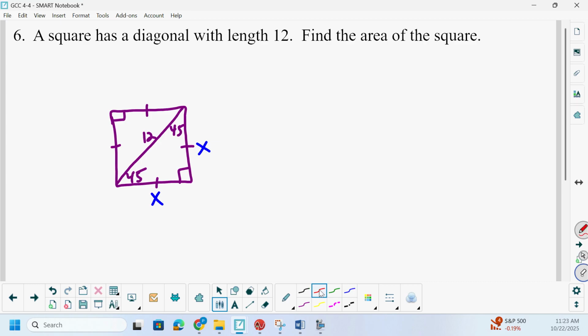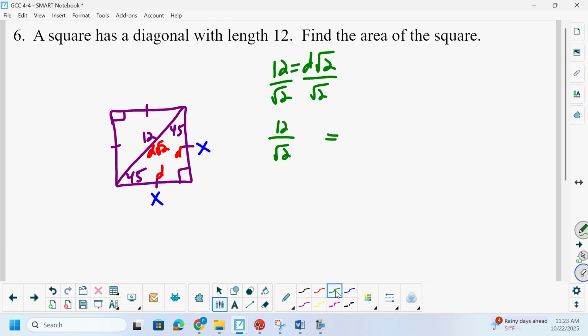So step 1, we're going to put in our d's. We've got d, d, and d square root of 2. Step 2, take the side that has a number and set up an equation. So we'll have 12 equals d square root of 2. We're going to work to get d by itself. We'll divide both sides by square root of 2. That gives us 12 over square root of 2 equals d.